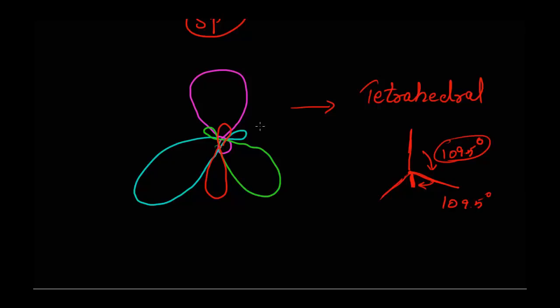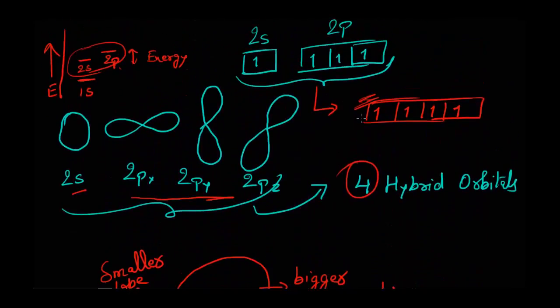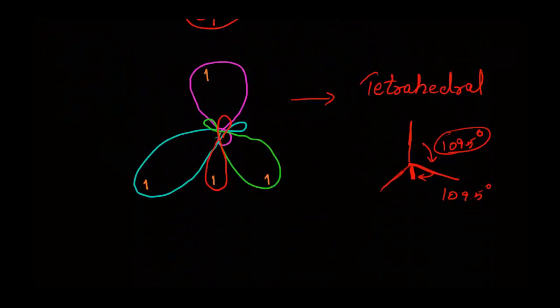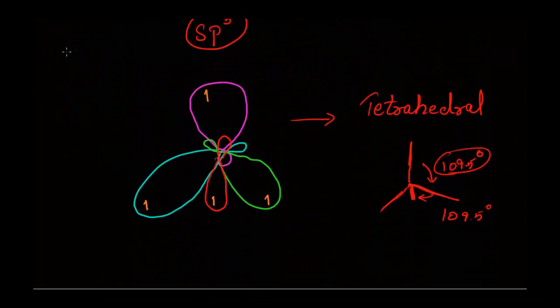So all these hybrid orbitals arrange themselves in tetrahedral geometry, and all these orbitals have 1 electron each, as we saw here.